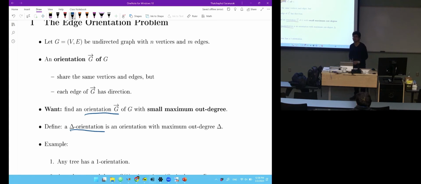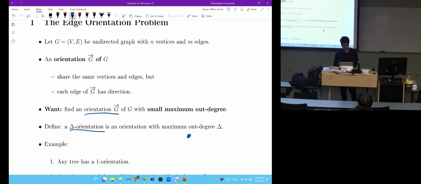How to do that? Yep. Well, there has to exist a root, right? I was saying that you just put everything inwards towards the root, and then take anything that's a leaf and point it outwards. Yeah, good. So let me repeat that.